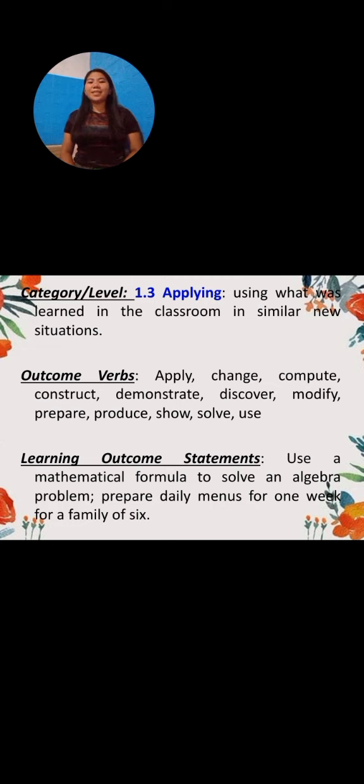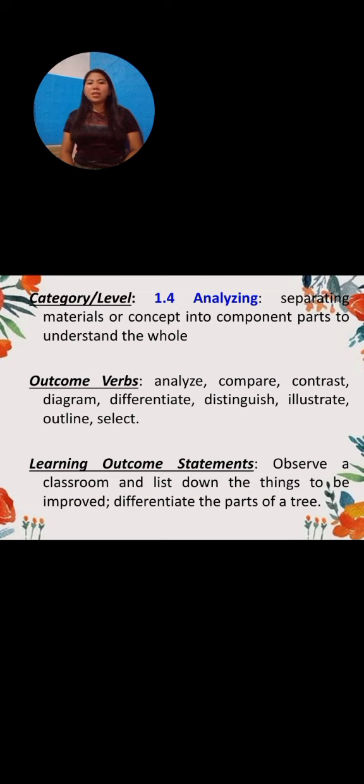For the next category, the category of analyzing, it is separating a material or concept into component parts to understand the whole. It is breaking material into its constituent parts and defining how the parts relate to one another and to an overall structure or purpose.